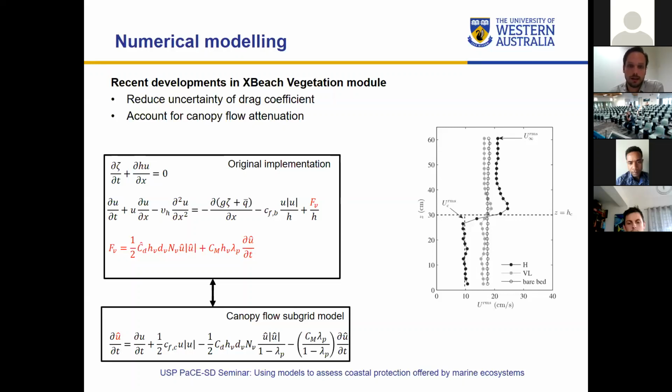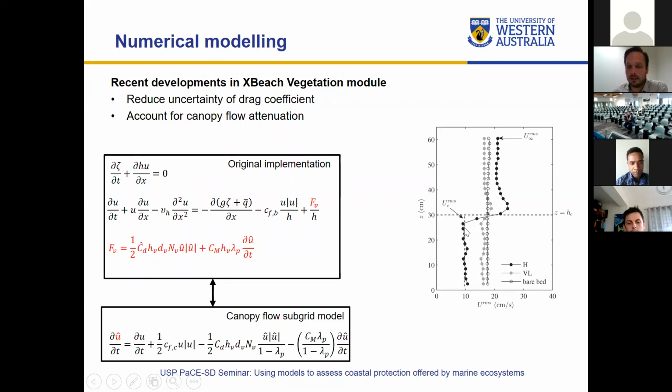So we worked on adding what we call a subgrid model, which you see on the left. I won't go into detail in the equations, but in the original implementation, we basically just had a vegetation force with drag and inertia, the red F, which is calculated based on the Morison equation. But then the question was, what velocity do you use? Typically you would use the velocity above the canopy, because that's what the model gives you.